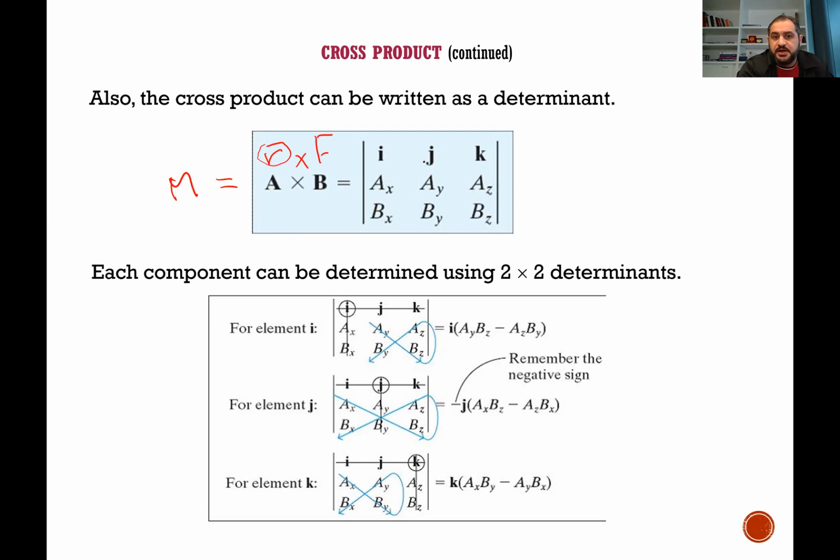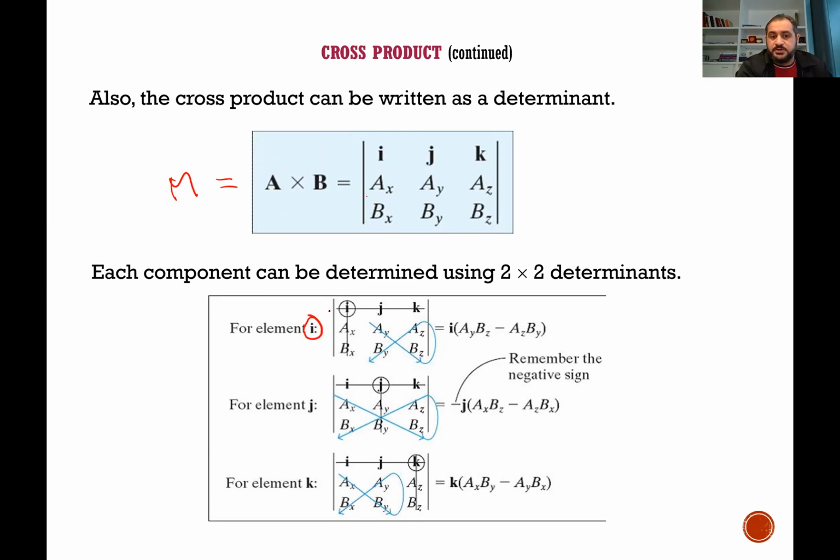On this vector ijk row, we then have all components for A in terms of ijk, aligned here, and then all components for the B vector, which is ijk as well. We can write it as bx, by, and bz. Now we take each element separately, just for illustration.